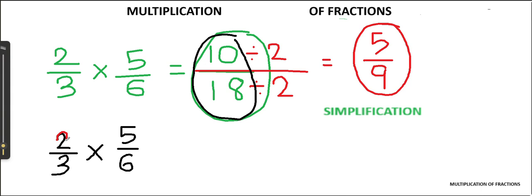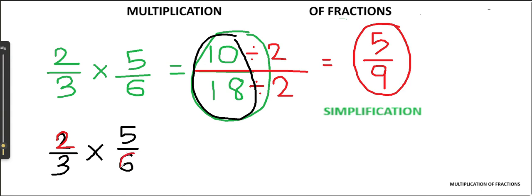So I see a 2 over here. 2 is not divisible by 3. That means we do not find 2 in the multiplication table of 3, or we do not find 3 in the multiplication table of 2. Either way, 5 is not divisible by 3, nor is it divisible by 6.